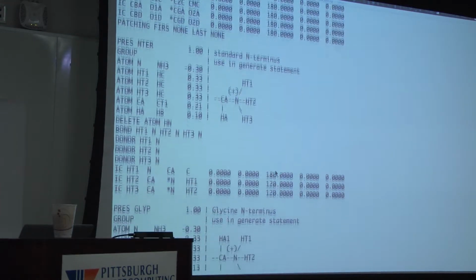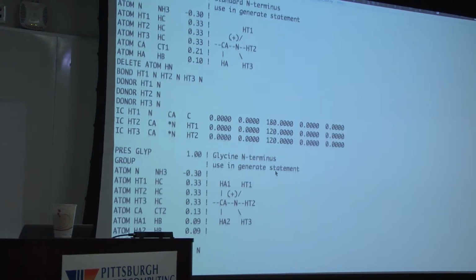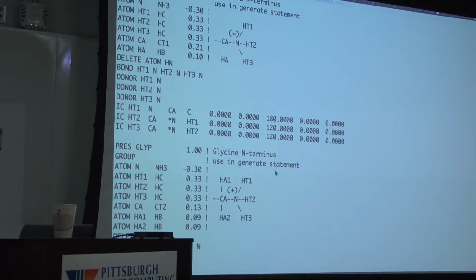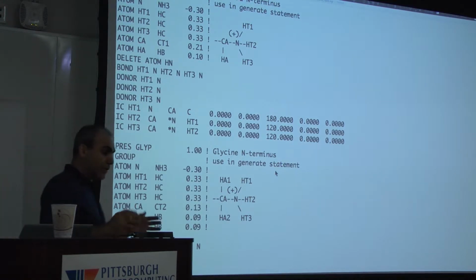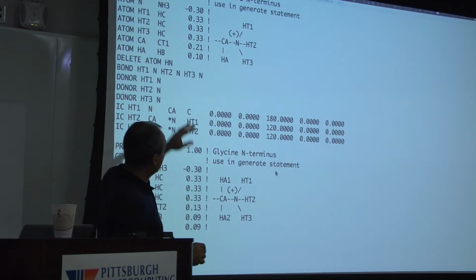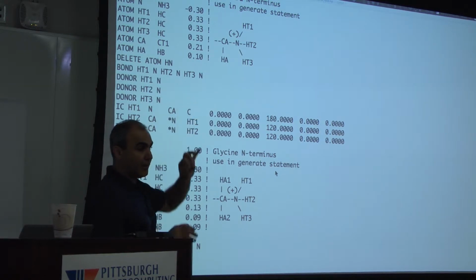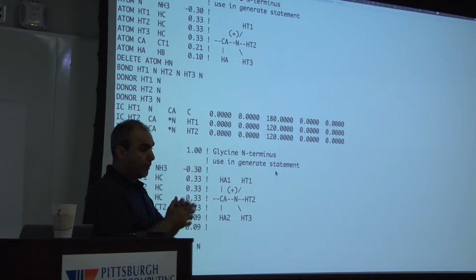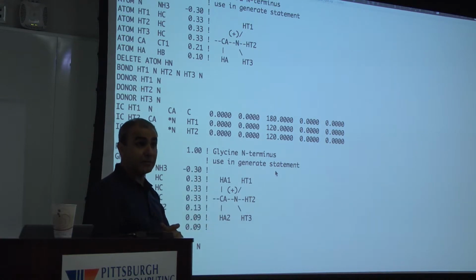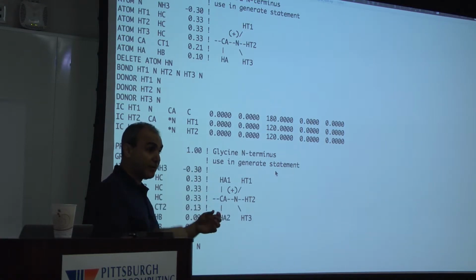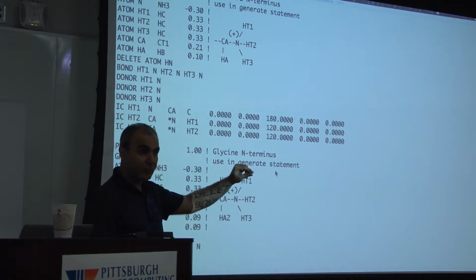So now let's go to patch. If you want to change something about all the alanines, then you go to the standard topology of alanine and change the charge or whatever you want to do. But now you might want to do post-translational modifications of your protein. Your protein has been synthesized and you want to just put phosphate on one side or do something special for one of the residues.